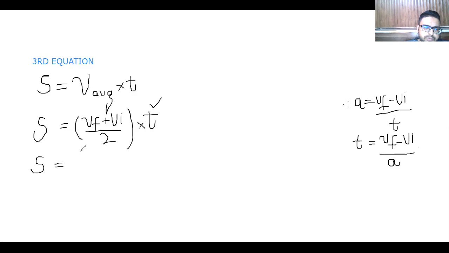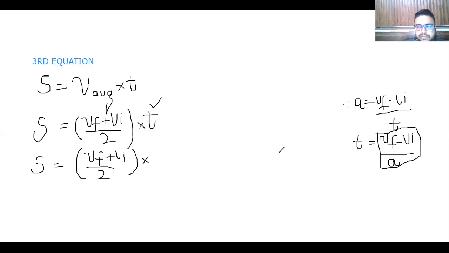Right? So now you can use this value of time in this equation. Let's put the value here. It will become Vf plus Vi divided by 2, and multiply by, now we are not going to write t this time, rather we will use the equation which we have derived.